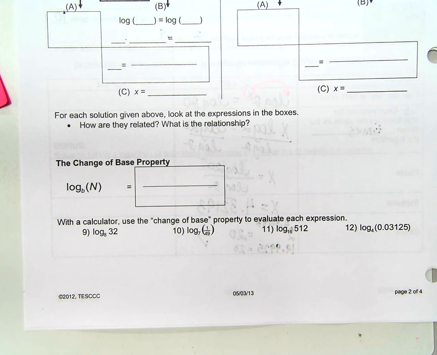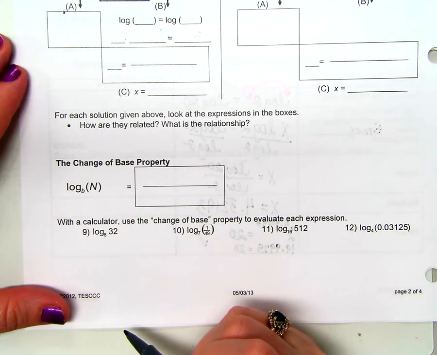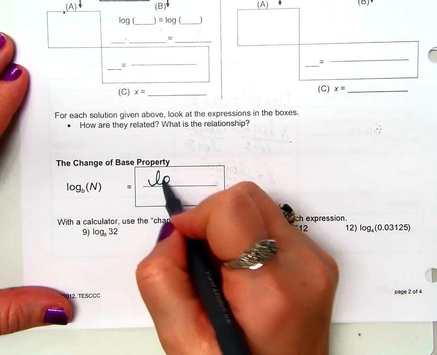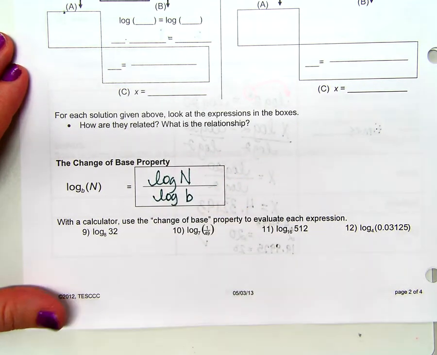Because these calculators, this technology will do the change of base property for me. But before that, I had to use the change of base property because the calculators were dumb. I mean, they're still only as smart as their users. They've just been programmed to be able to do more. Does that make sense? Okay? But you need to know the change of base property. And that's going to be log of n divided by log of b.